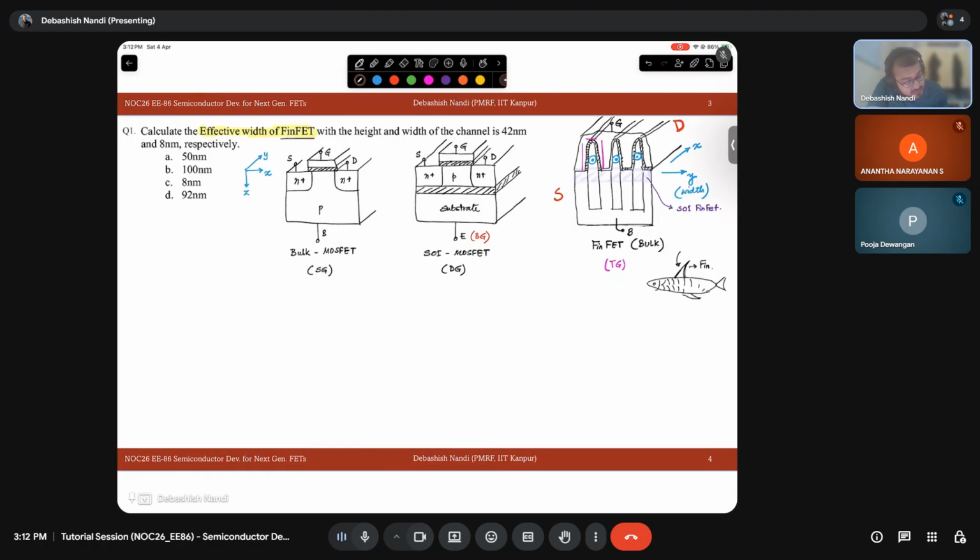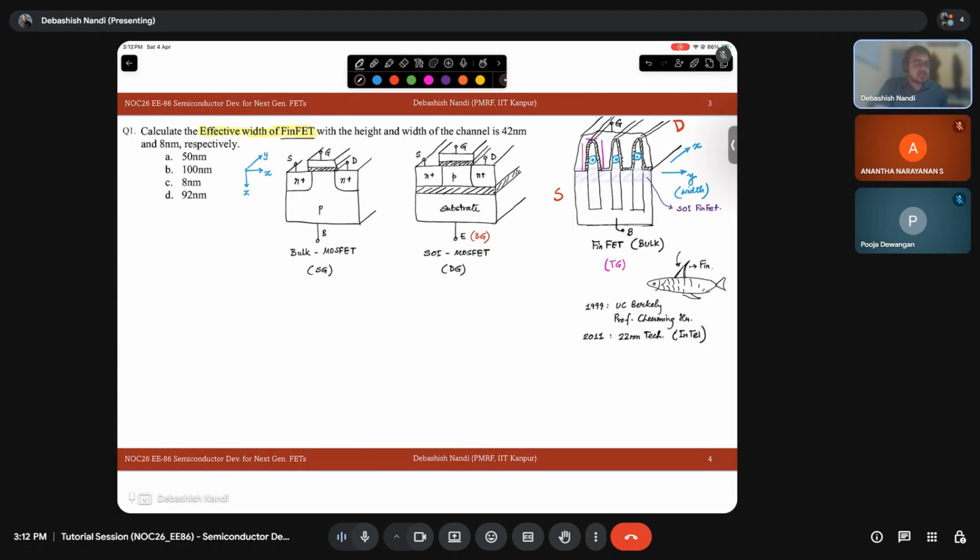This structure was proposed in 1999 by a team at UC Berkeley, Professor Chenming Hu's team, and it was adopted by industry in 2011 in 22 nanometer technology by Intel.